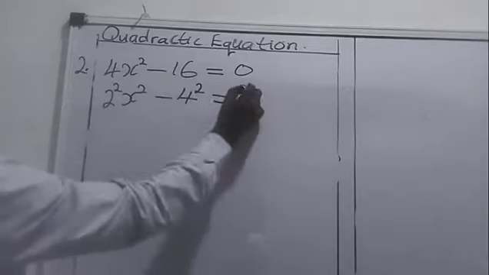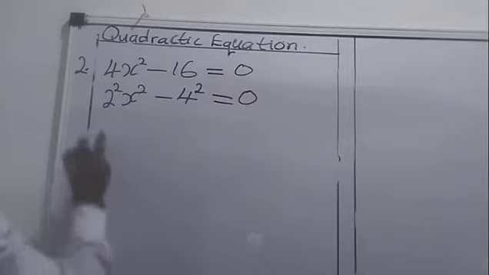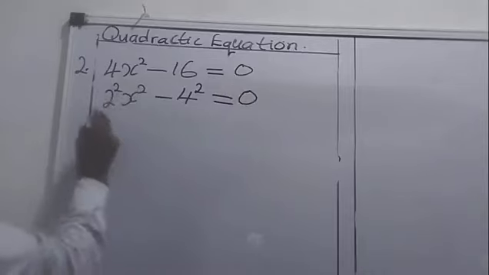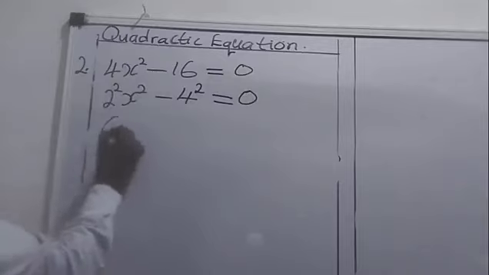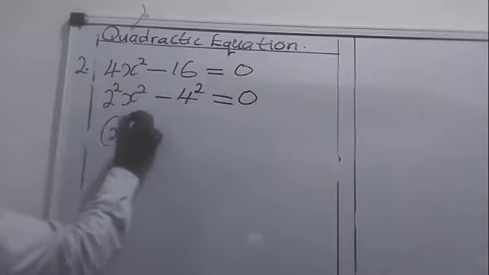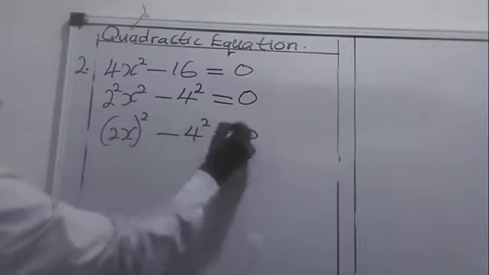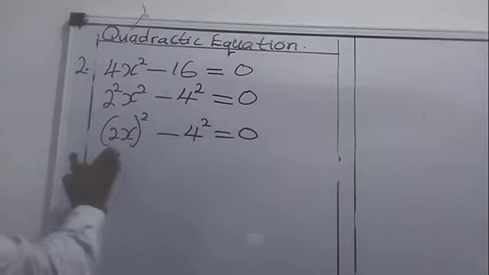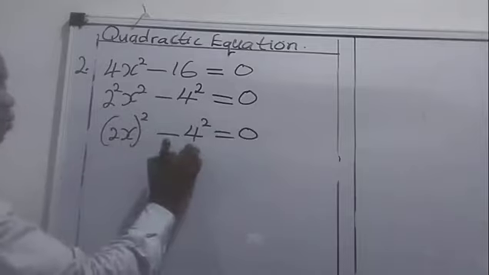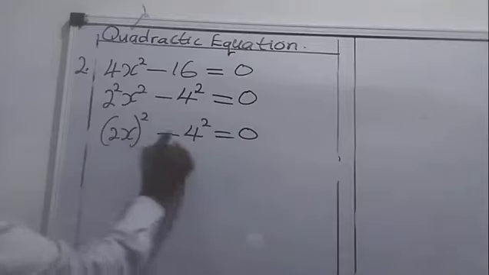So the next step is to bring these two together, since both of them have power. So we have 2x all squared minus 4 squared equal to 0. So we have a squared minus b squared being our formula, so we are going to add and subtract.